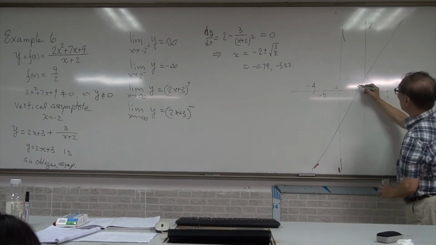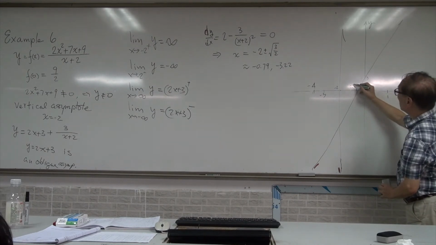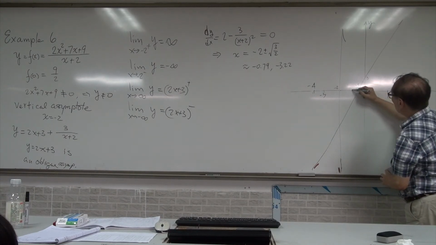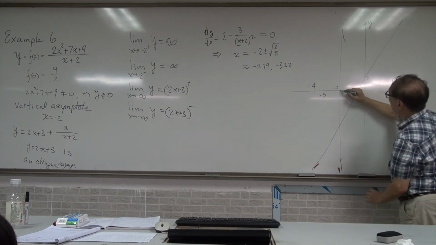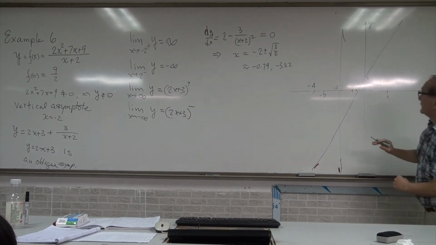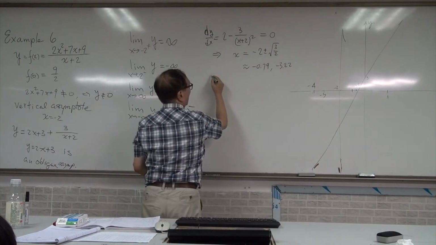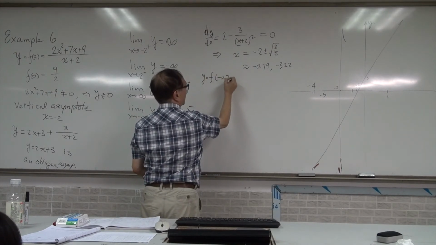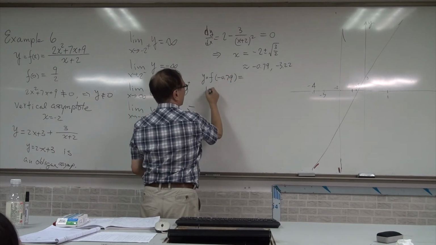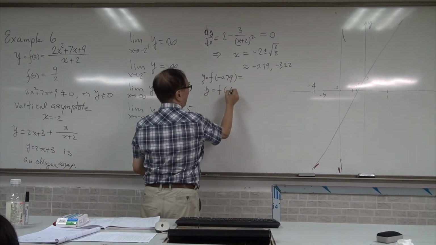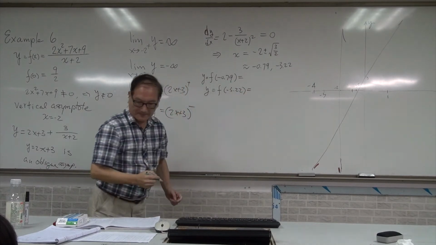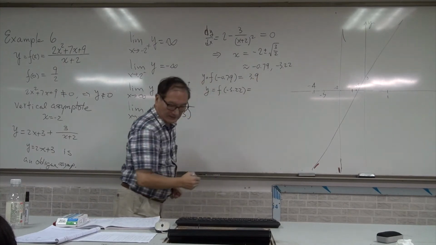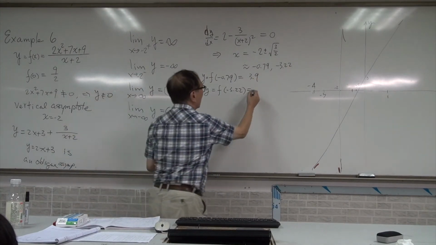This is 0.5. This is 0.7. Okay. And now it's better. And then we're looking for the y value, right? Function y at minus 0.79 is equal to, well, my calculation is 3.9, and this one is minus 5.9.